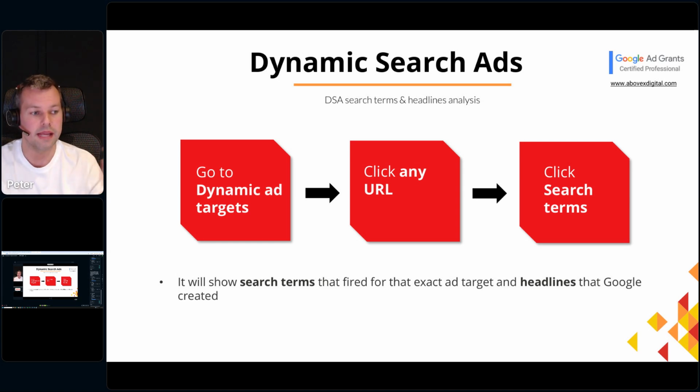So in the search term report, as I mentioned, you can see which keywords were actually used, and you can also see the different types of ads. And you can see the stats also on the ad level.